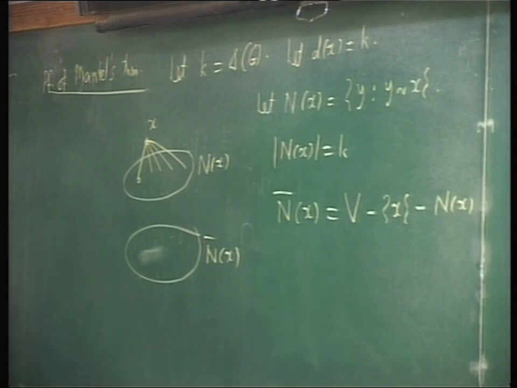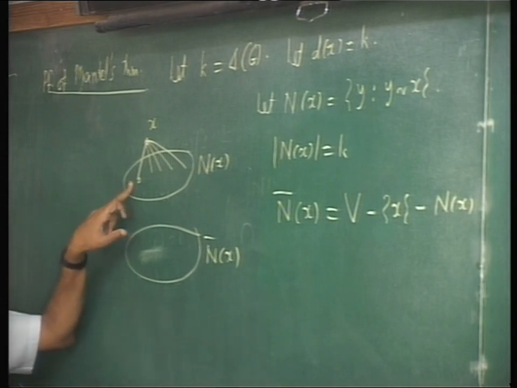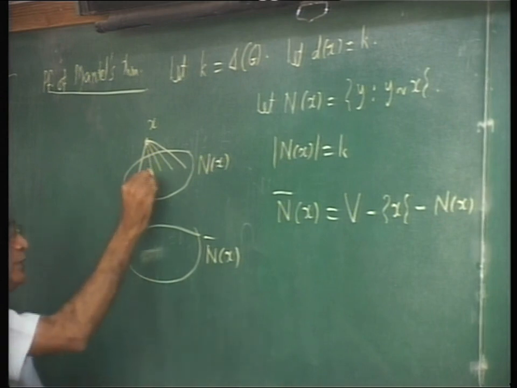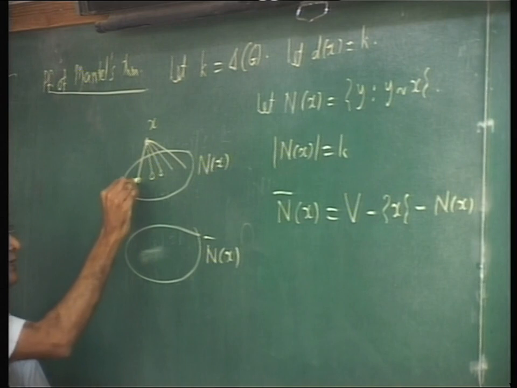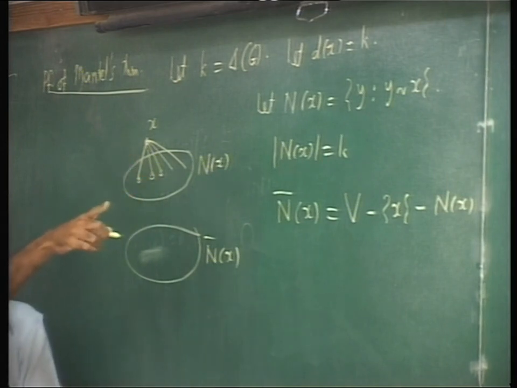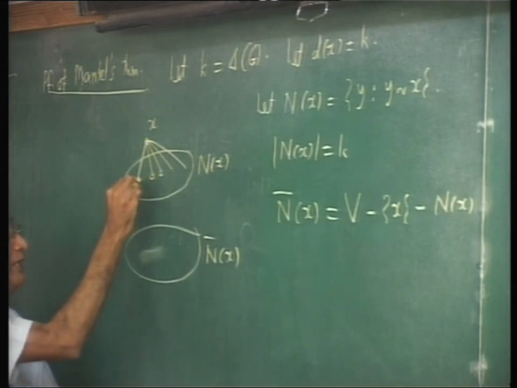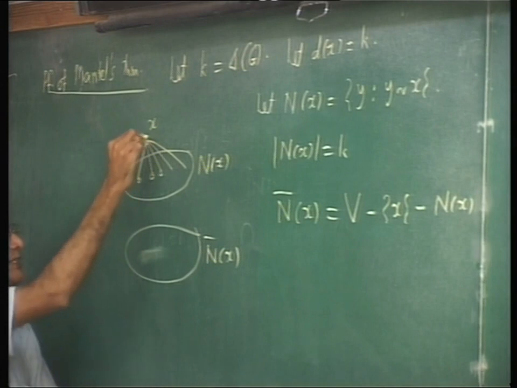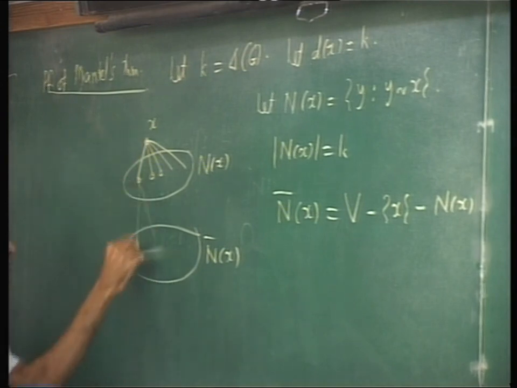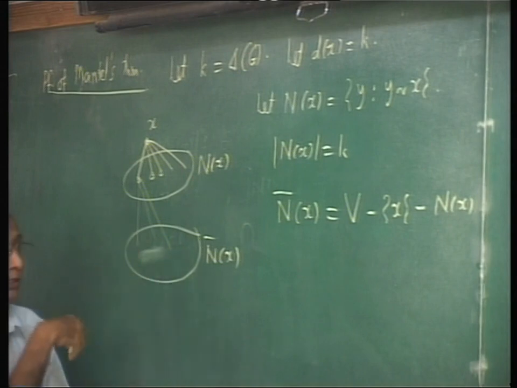Look at any vertex here in N of x. Which vertices can it be adjacent to other than x? This vertex cannot be adjacent to that vertex because we are assuming that your graph is triangle free. G has no triangles. It is adjacent to x, so the only other adjacencies it may have are to N bar x.